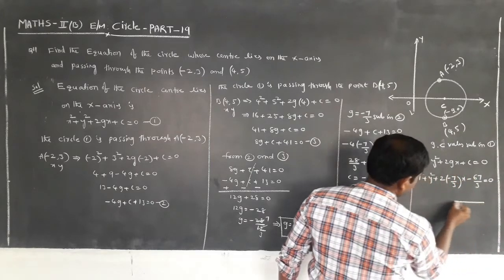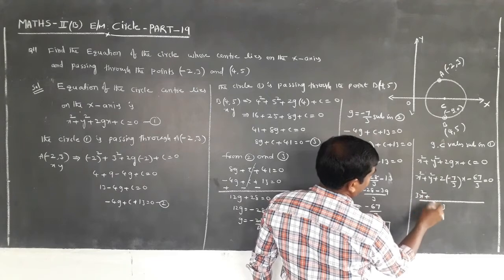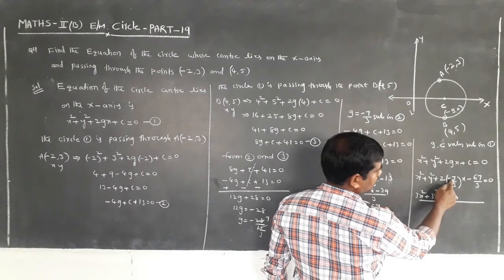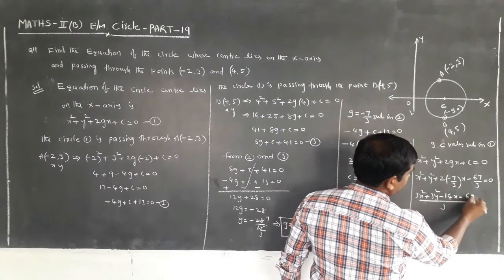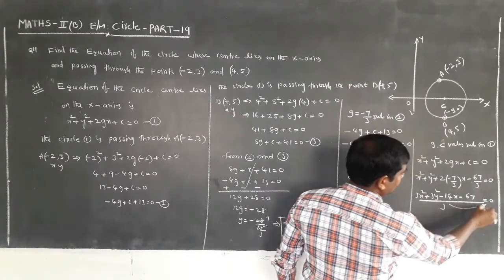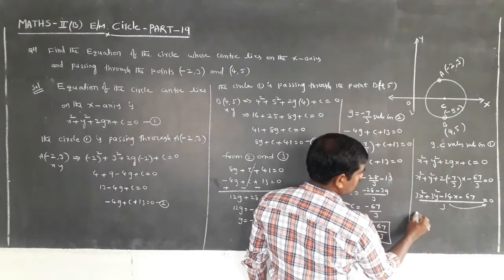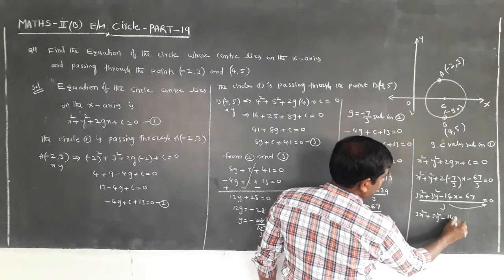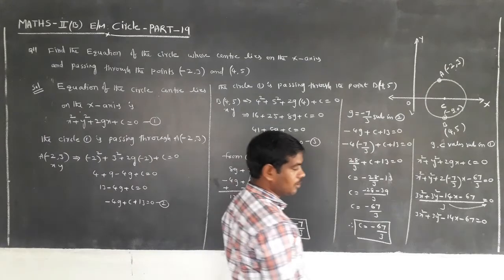Here we take LCM 3: 3x square, 3y square, 2 sevens are 14x, minus 14x minus 67 is equal to 0. Therefore, 3x square plus 3y square minus 14x minus 67 equal to 0.